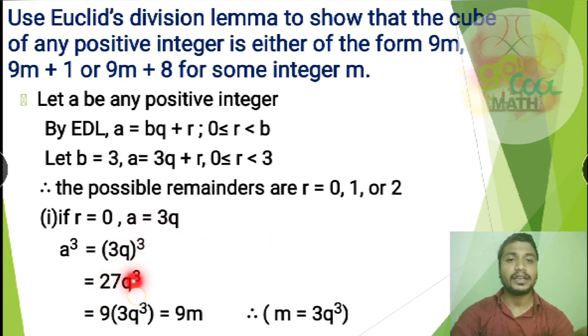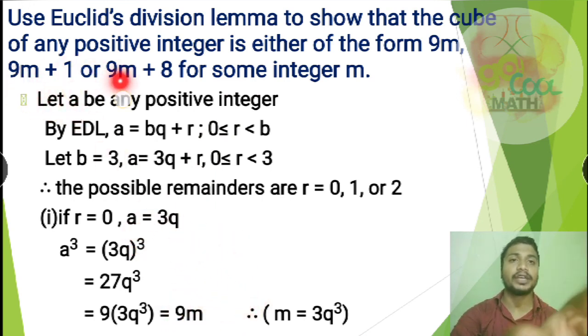It can be written in the form of 27, 9 3s are 27, so 9 into 3q cube. Consider this bracket part as m. Therefore it becomes 9m, where m is 3q cube. Therefore the cube of any positive integer is of the form 9m.